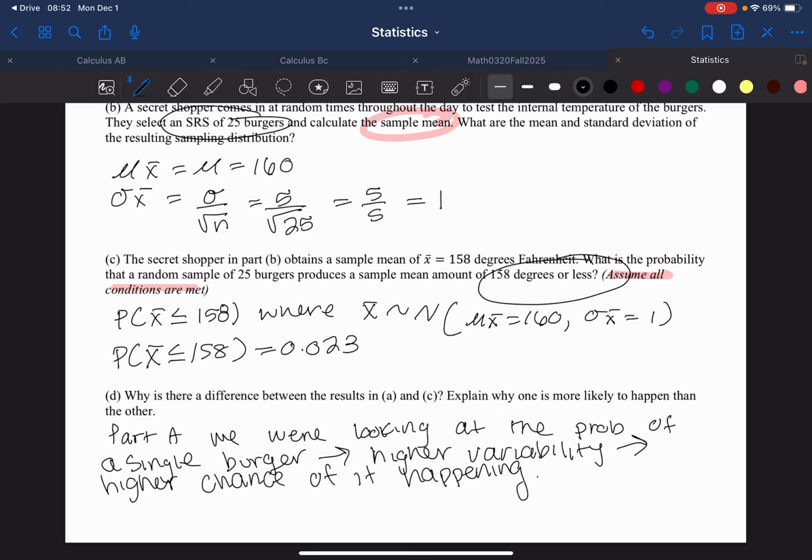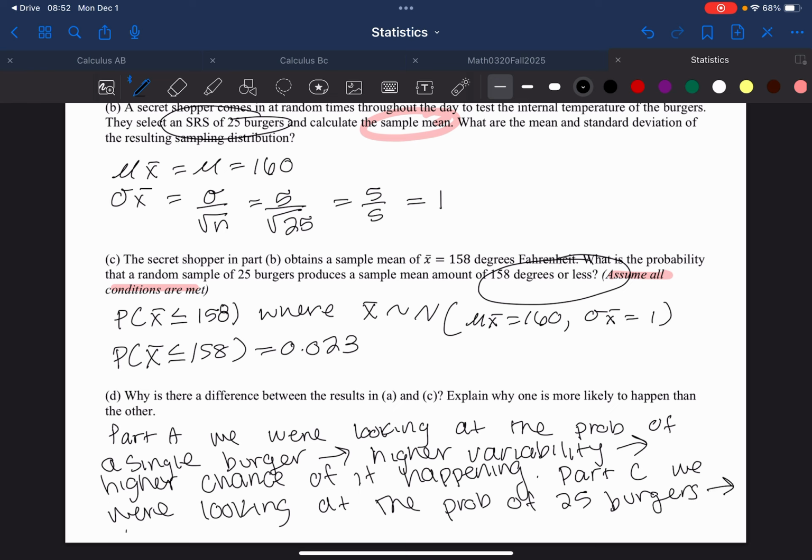Okay. In part C, we're looking at the probability of 25 burgers. Since averages have less variability than individual values, we would expect a lower probability of that event happening. So in part C, we were looking at the probability of 25 burgers.